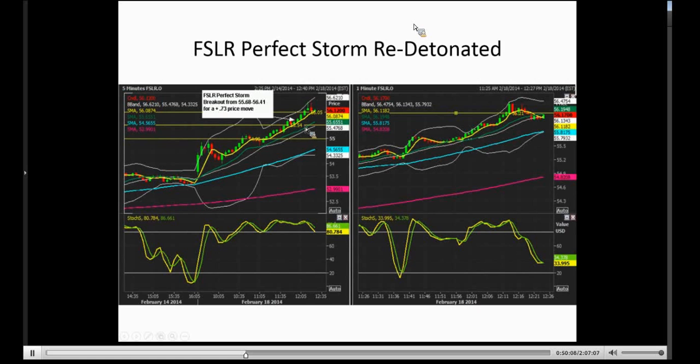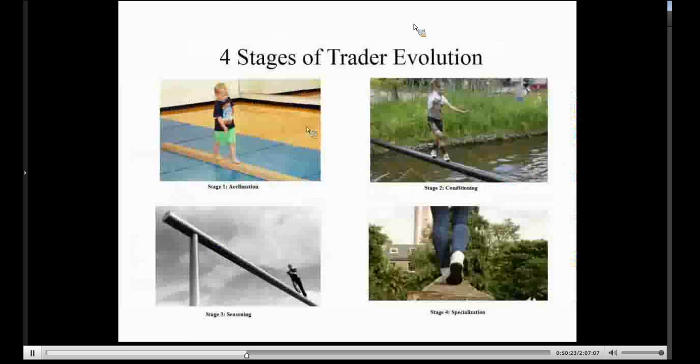Once you understand that, and once you can step back at a distance and feel that out, it's going to make you a better trader. And when it comes to trading, there are 4 stages of trader evolution. The acclimation stage is where you're just starting off, learning the basics, the building blocks, the mechanics, the structure of everything. What makes a stock price move?